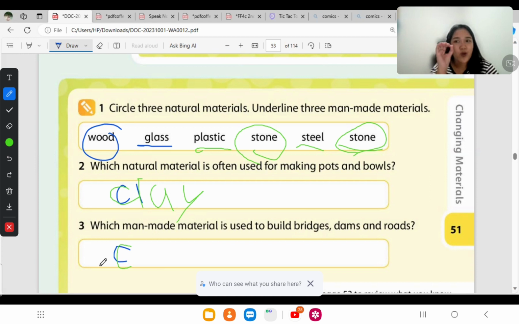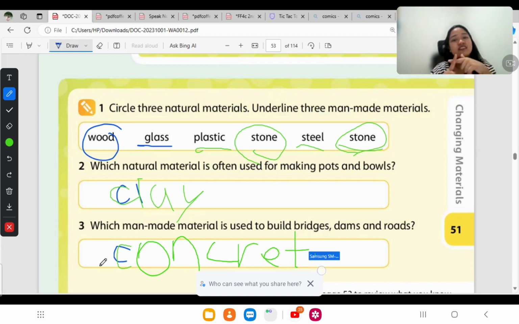C, O, N, C, R, E, T, E. Is it E or Y? It's E. Good job. So our buildings, bridges, dams, and roads are made from concrete.